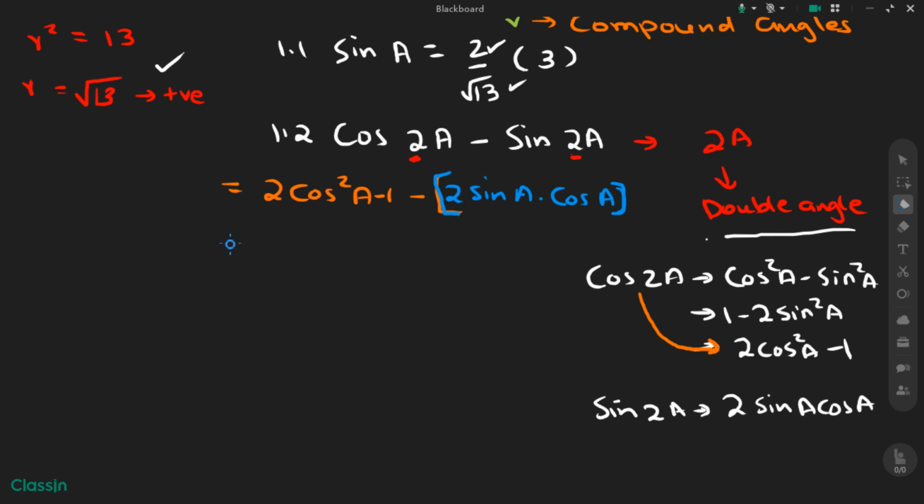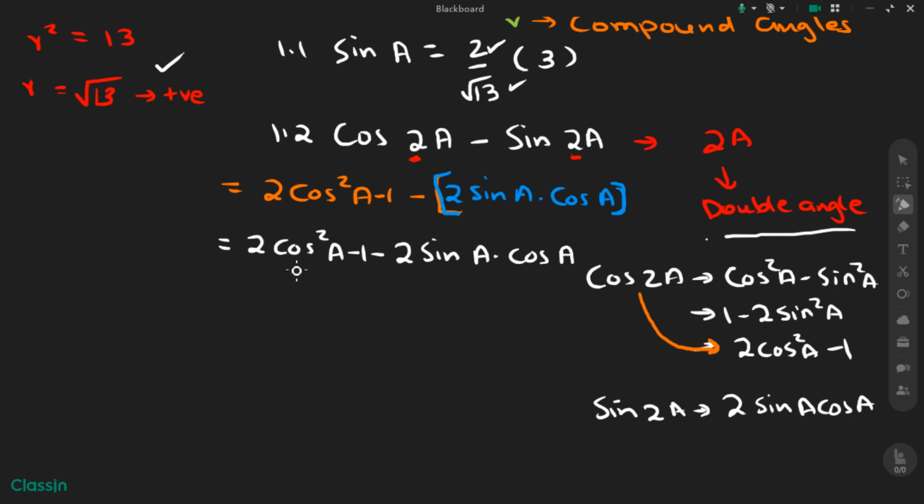So from there, I can say 2 cos squared a minus 1 minus 2 sine a multiplied by cos a.